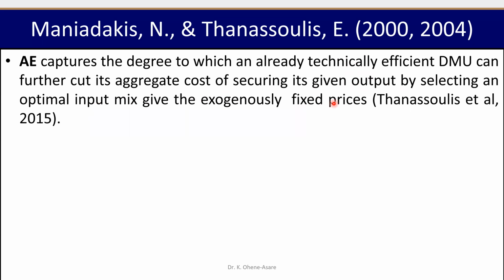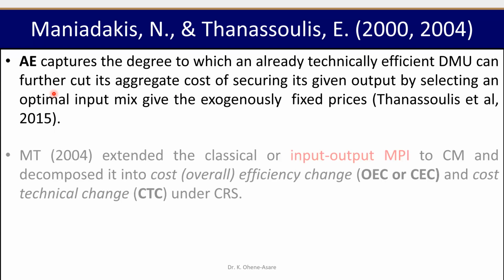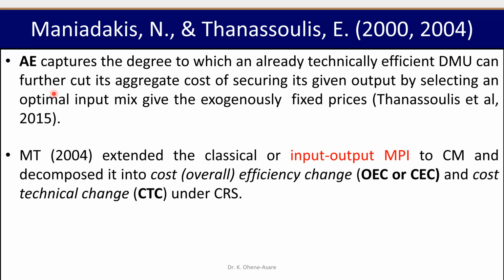The paper by Thanassoulis et al., 2015, also published in the European Journal of Operational Research, explains further. They use the Cost Malmquist and extended it to groups, so you kind of have a group Cost Malmquist. I'm just giving you a bit of theory about a Cost Malmquist. In 2004, Maniadakis and Thanassoulis extended the classical Malmquist, also called input-output Malmquist, to incorporate Cost Malmquist productivity change.